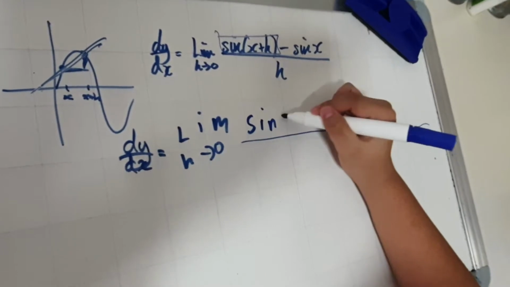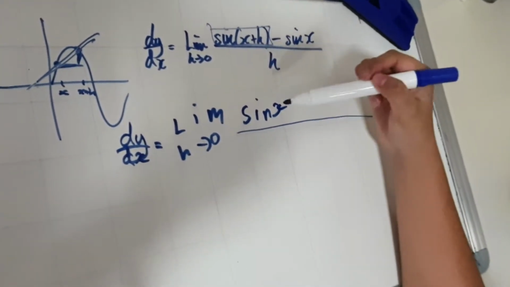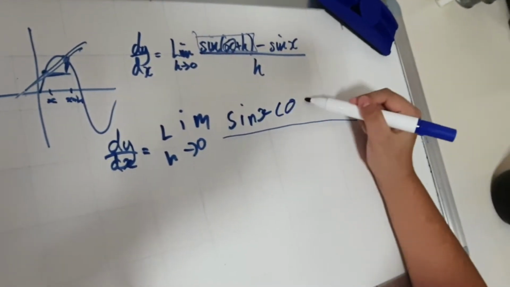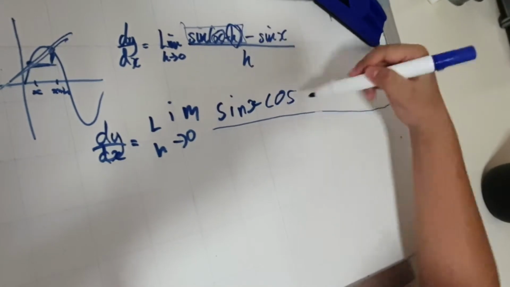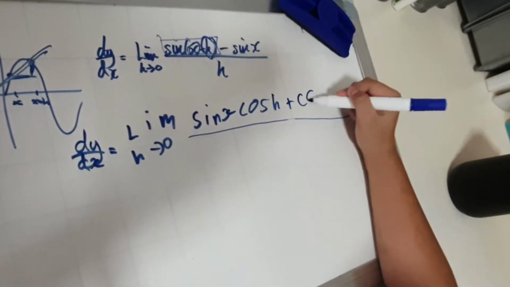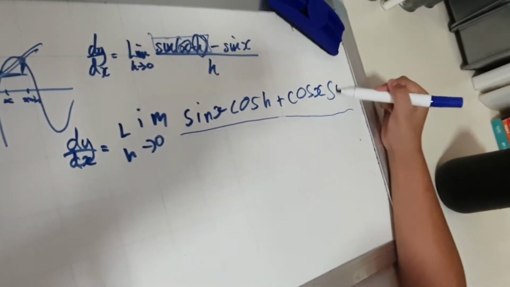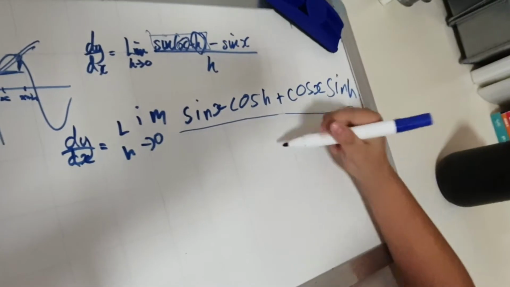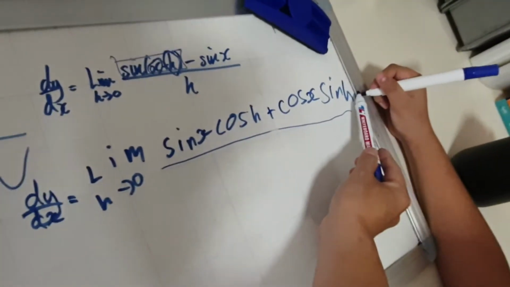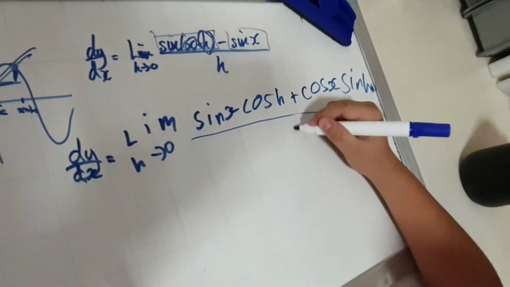Well, when you're double angling sine, first it becomes sine of the first thing, and then cos of the second thing, which is h, and then plus cos of the first thing, which is x, and then sine of the second thing, which is h, and then minus this block here, sine x over h.